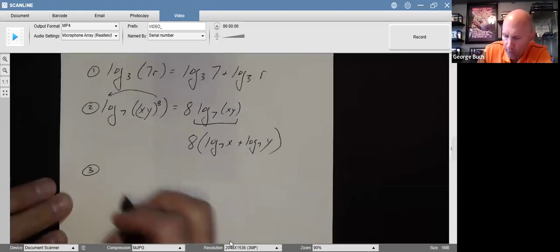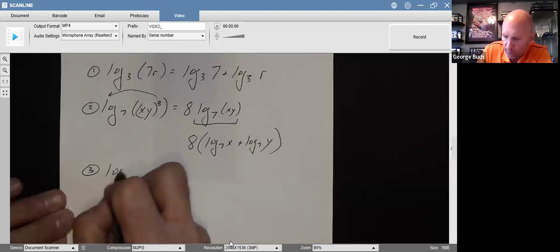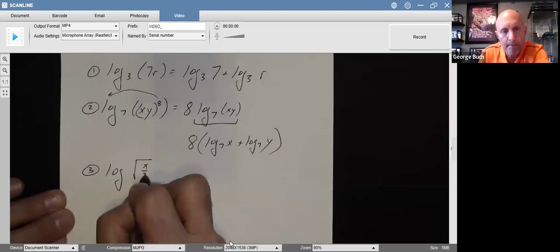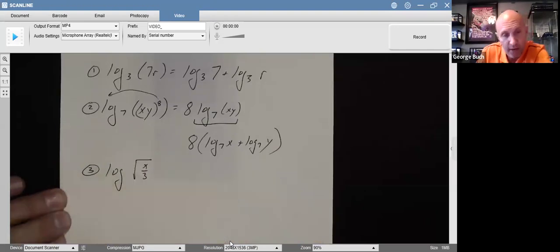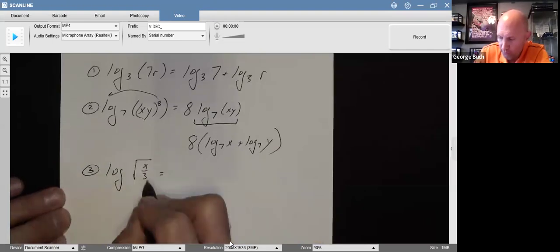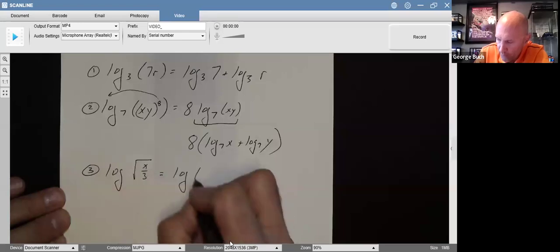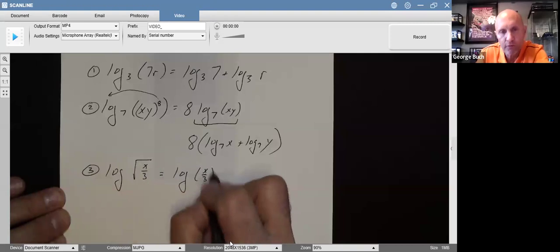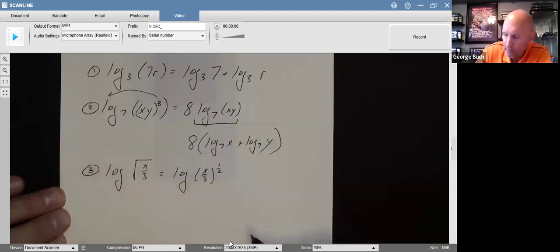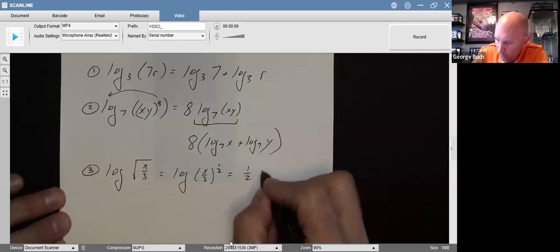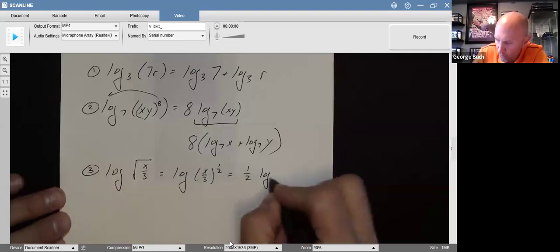And what if we have log of square root of x divided by 3? All right, well, first we have to use our exponent rules to convert this to what? Log of x over 3 to the 1/2 power. Square root is 1/2 power. Bring it in front means it's 1/2 times log of x over 3.